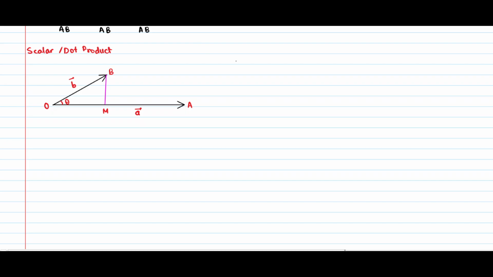So in this case, we must know that the dot product, which is written as A dot B or B dot A, will be AB cos theta, where A and B are the magnitudes respectively. So you can also write this as this, which is equivalent. And as you can see, there is no multiplication sign, because this is equivalent to this, which is equivalent to this.